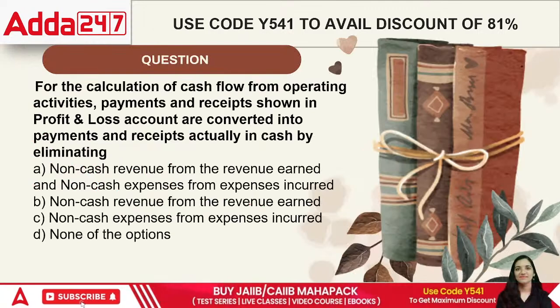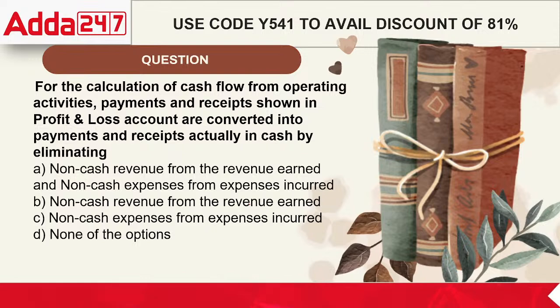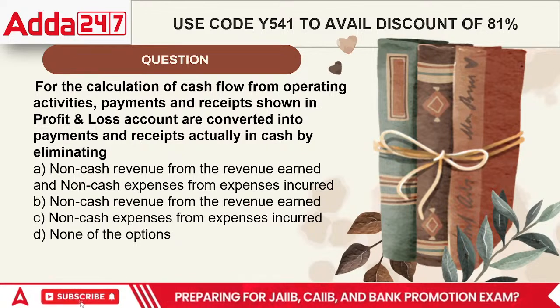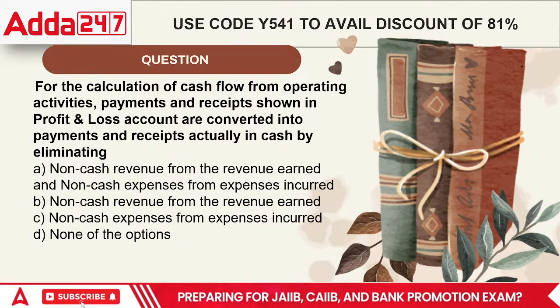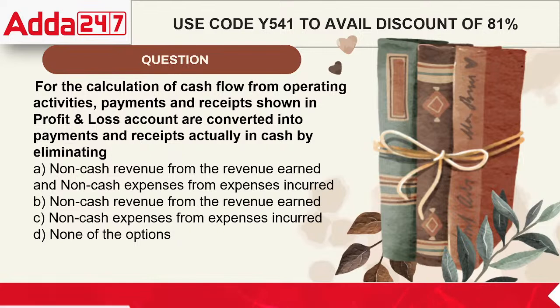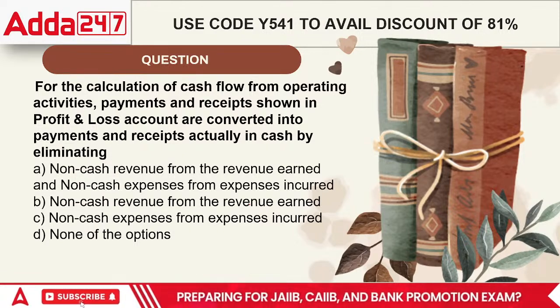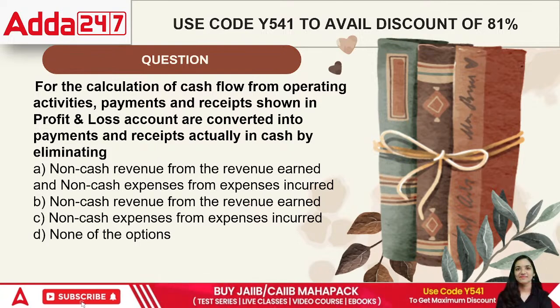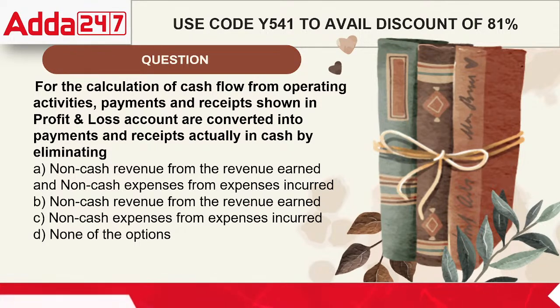Next point, for the calculation of cash flow from operating activities, payments and receipts shown in P&L are converted into payments and receipts actually in cash by eliminating non-cash revenue from the revenue earned and non-cash expenses from expenses incurred, or none of the above.